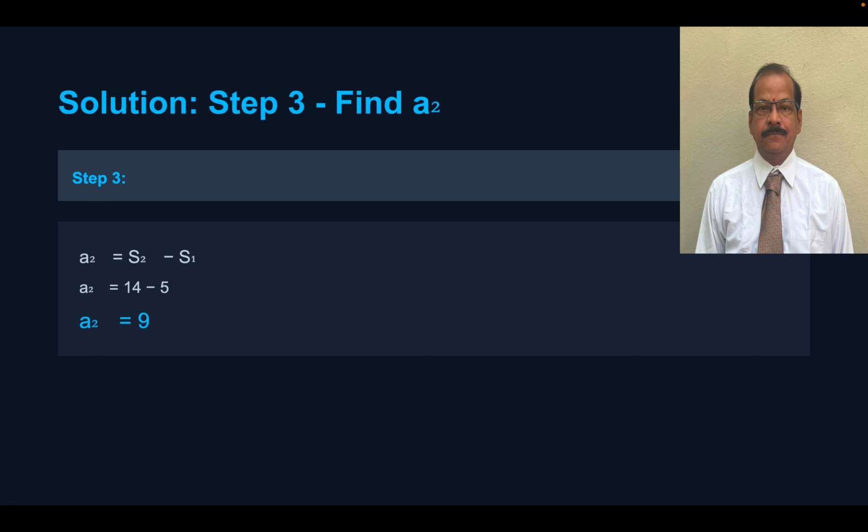Yes, it is 14 minus 5, which is 9. The difference of those two values is 9, which is the second term. This is what is your desired result.